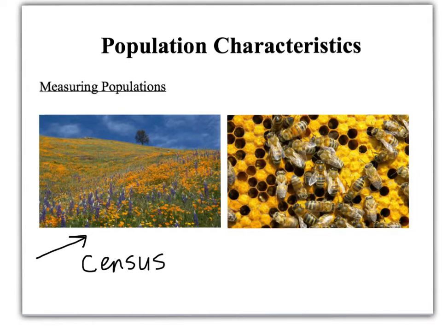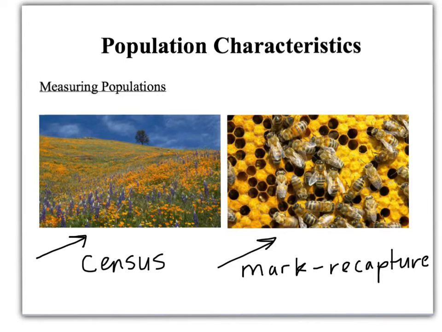This gets a little trickier if you've got a mobile population or a moving population like bees or birds or mammals. So we can't really just sit and try to count them when they're moving around. Instead, scientists do something called mark recapture with these organisms. And mark recapture is kind of what it sounds like. So the scientists get some organisms, so they grab some bees, they catch them somehow, they put a mark on them of some sort.